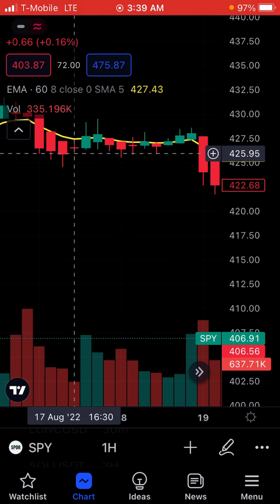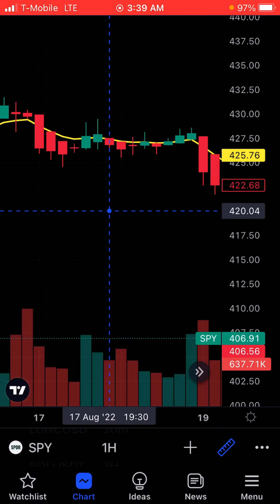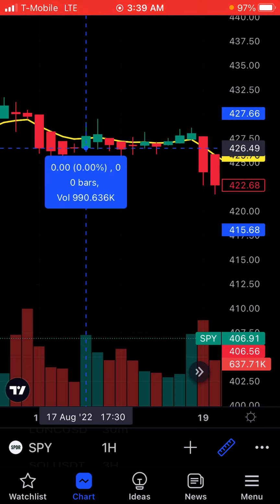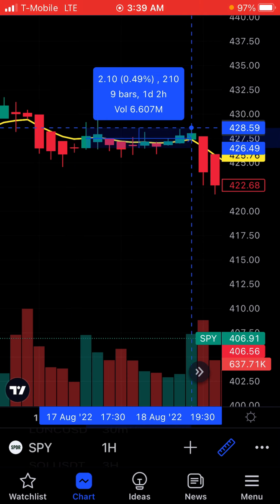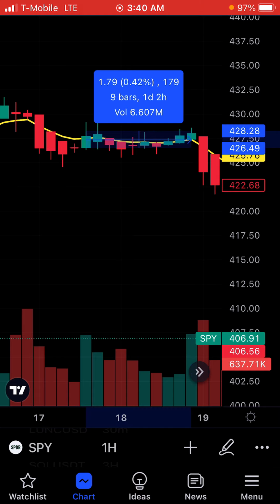Okay, so we see a red, and then we see a green. Now this one is kind of tricky because it's close to 1,000,000, but you see it's not. Let's see. If I did a call and I waited this one out, this one was only 50, maybe $75.